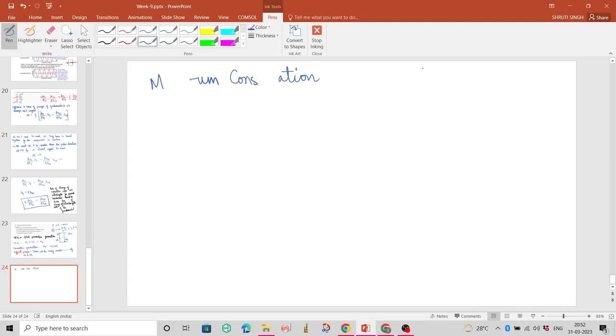Now the first one was our energy conservation rule, which I wrote just now: omega p is equal to omega s plus omega I. But this gives many possible options.